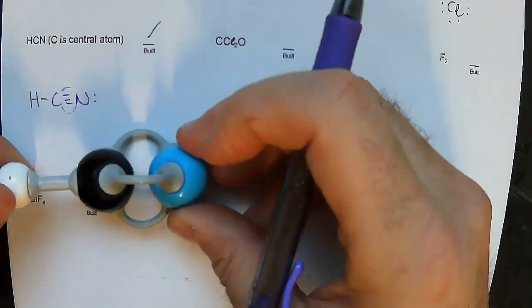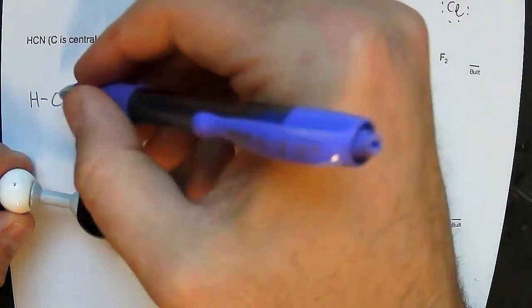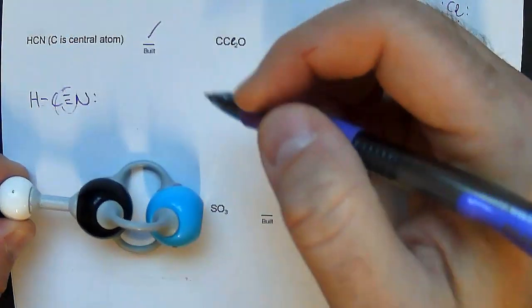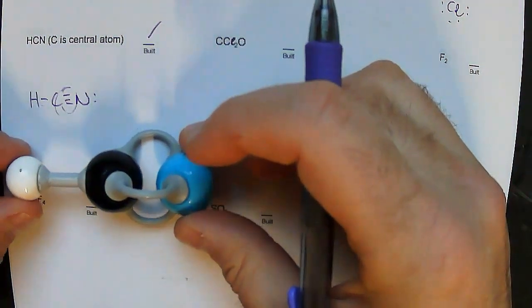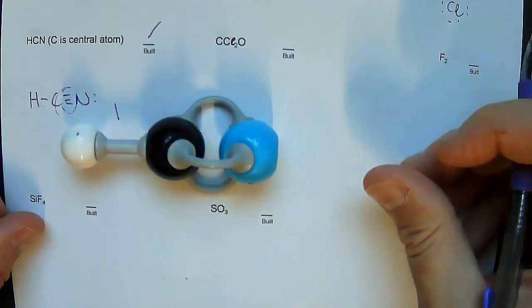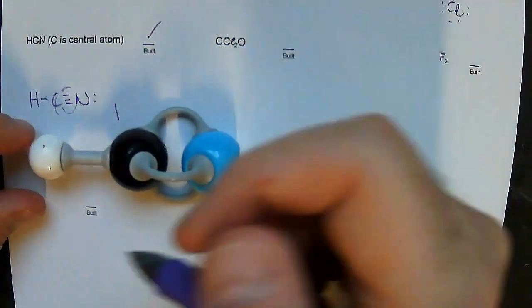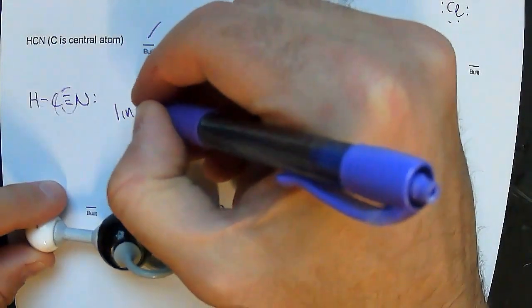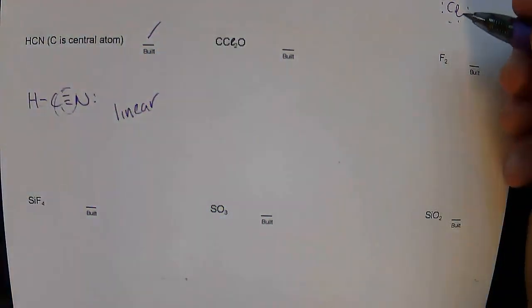And so that is considered 1 and 2. So there's 2 bonding areas. And so that means that this thing, and you can see it, that's why I wanted you to build these things, is a line, so this is linear.